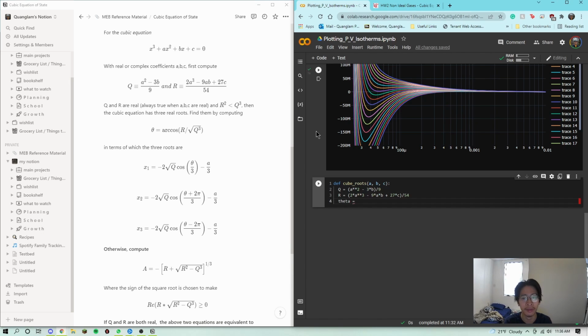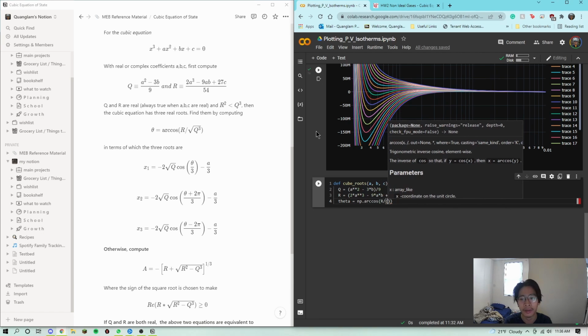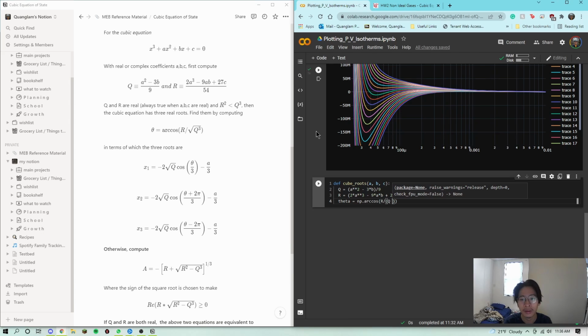Theta is equal to np.arccos of R divided by the square root of Q cubed, that is, Q raised to the power 3 over 2. Yes. Okay.